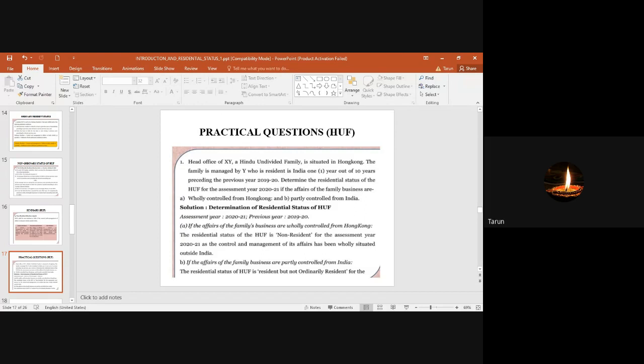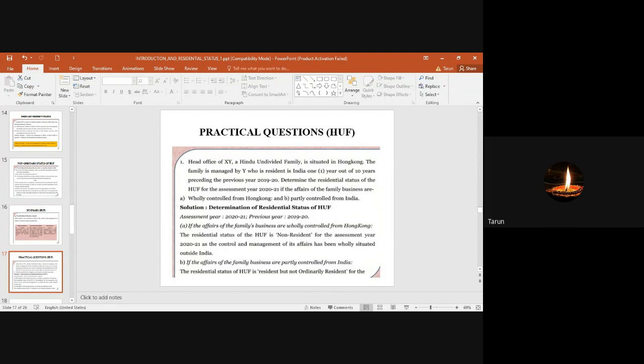So you can read, the answer is already given. The residential status of the HUF is resident. Why is it resident? Because the business is partially managed from India, and it's written here that the family is managed by Y.